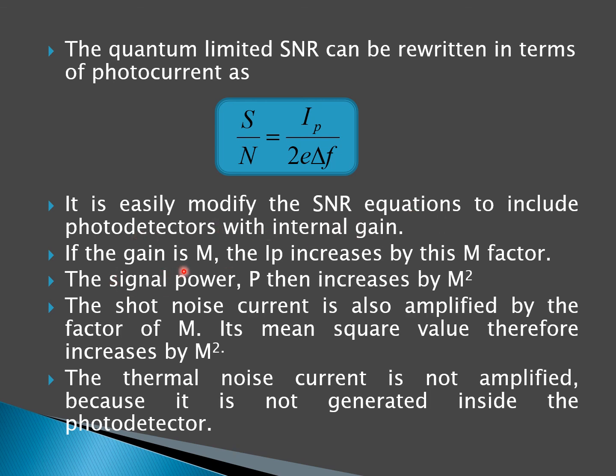If the gain is M, I_P increases by a factor of M. The signal power then increases by M squared. Shot noise current is also amplified by a factor of M, so its mean squared value increases by M squared. The thermal noise current is not amplified because it is not generated inside the photodetector.